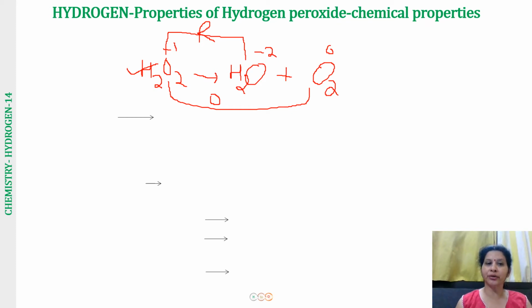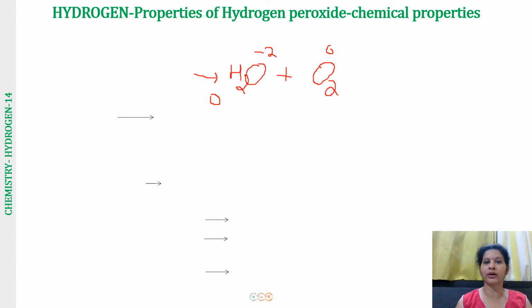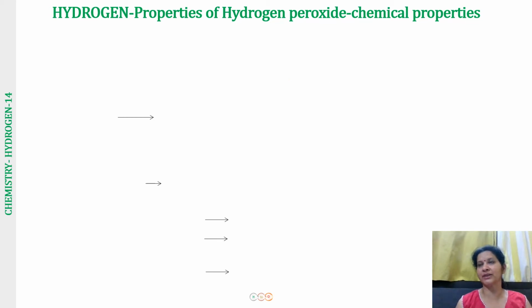So when it combines with various substances, it is either going to act as an oxidizing agent or a reducing agent, depending upon the substance, whether it is going to get oxidized or reduced, and also on the media in which it is reacting.